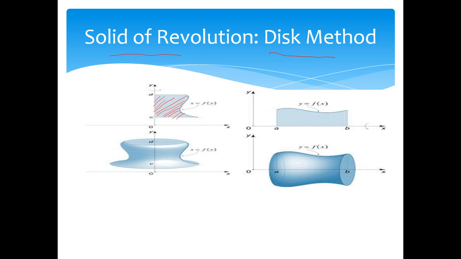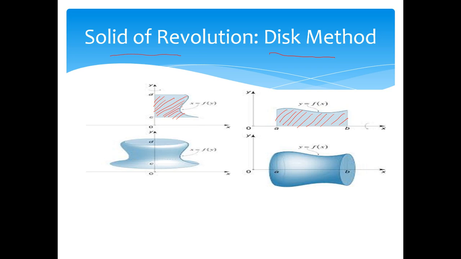This shape is known as a solid of revolution. And the same thing if we rotate this region around the x-axis, we form this solid of revolution.